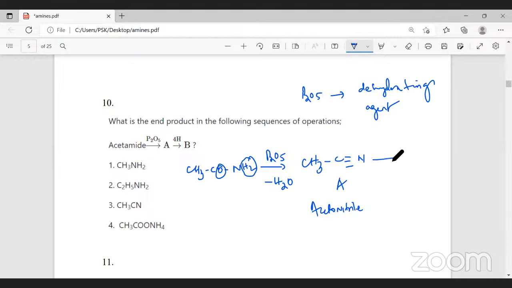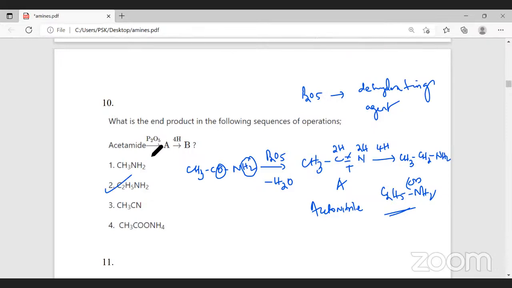This on reduction with 4H: two hydrogens attack carbon, two hydrogens attack nitrogen. Two pi bonds will break. So what do we get? We get CH3, CH2, and NH2. This can be written as C2H5NH2. So therefore, the answer for this question is option 2. The next question.